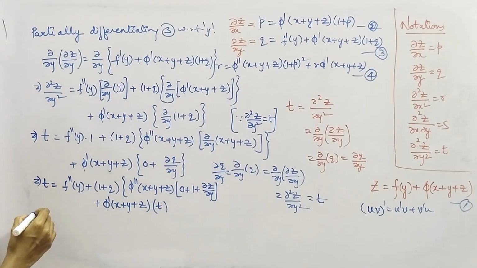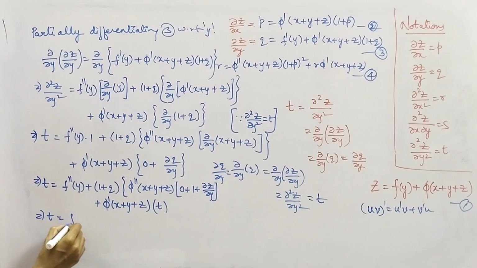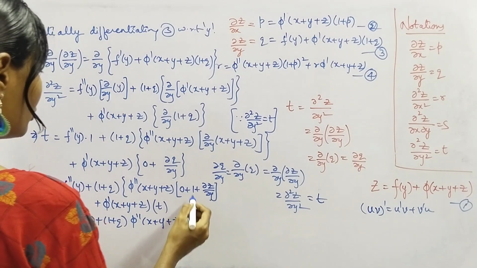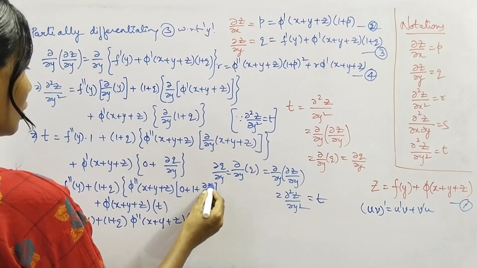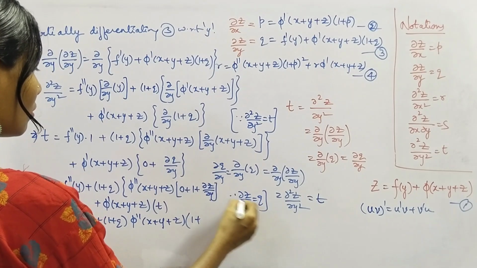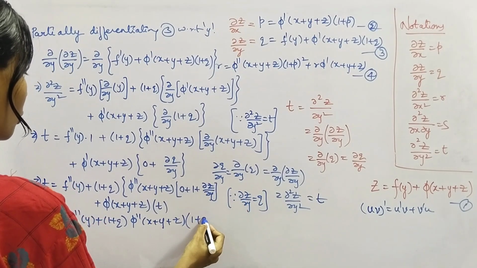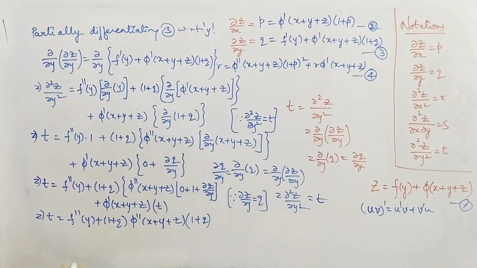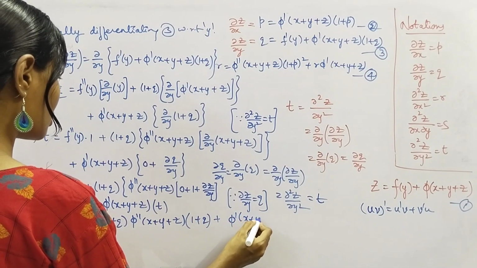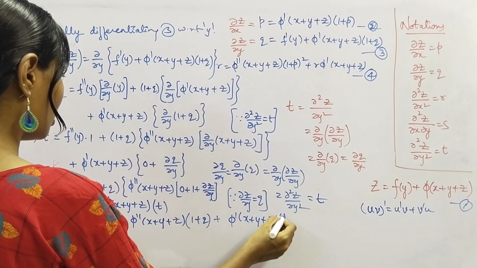Now this gives us t equal to f''(y) plus (1+q) into φ''(x+y+z) into (0 + 1 + q), since we have the notation q, plus φ'(x+y+z) into t.